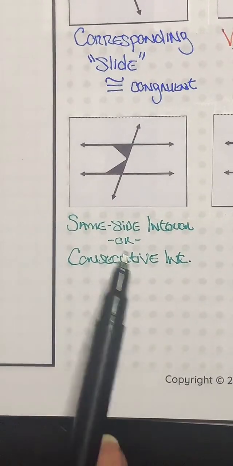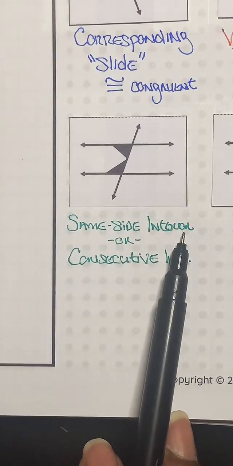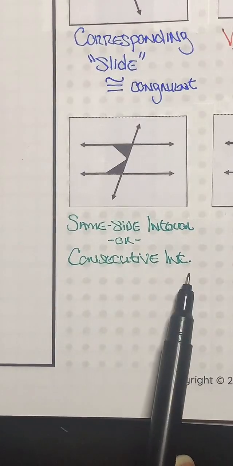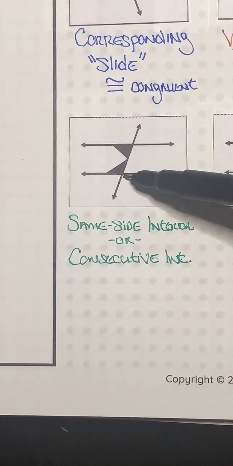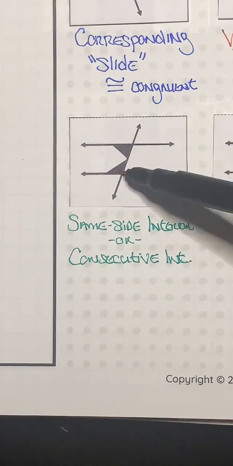Some books will say same side and some tests will say consecutive. Consecutive means one after the other. They're on the same side.